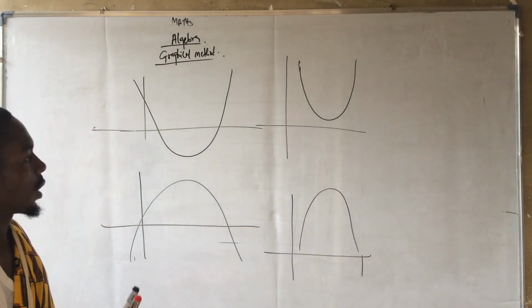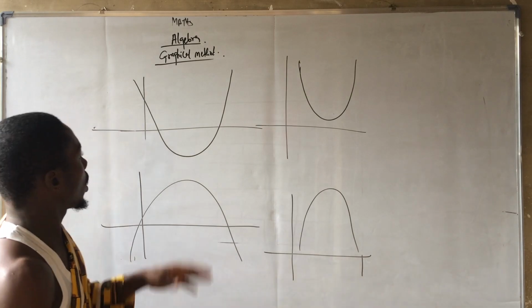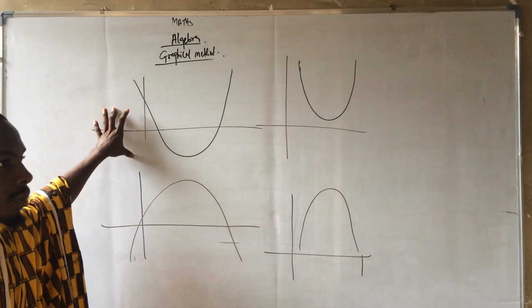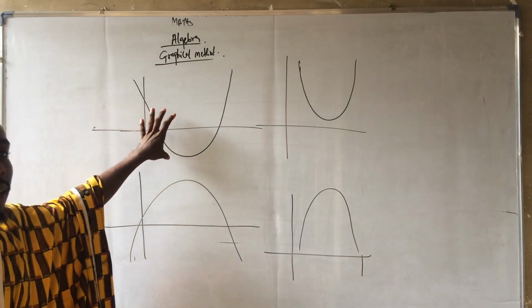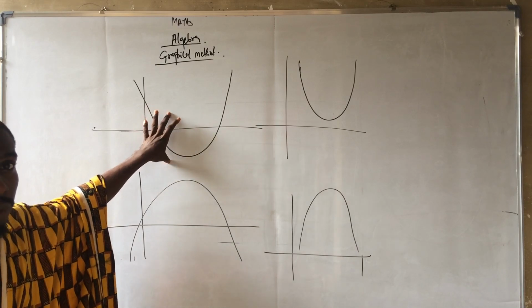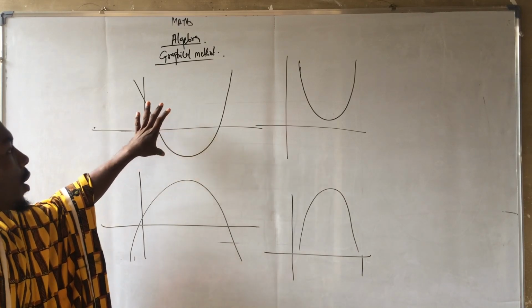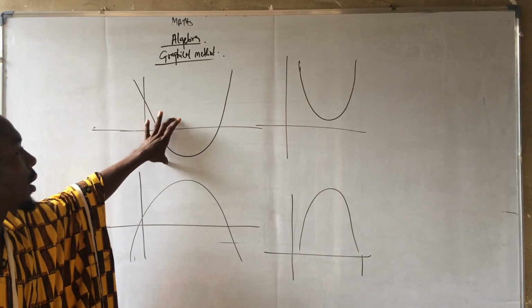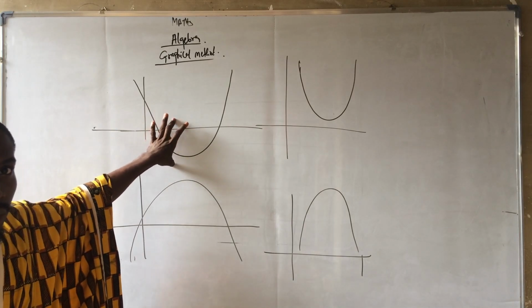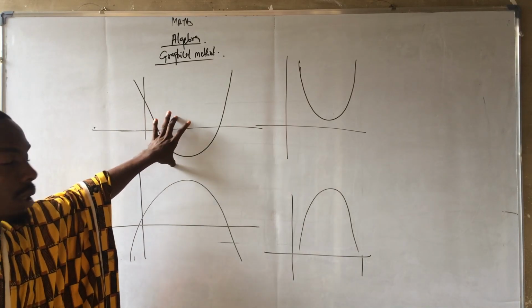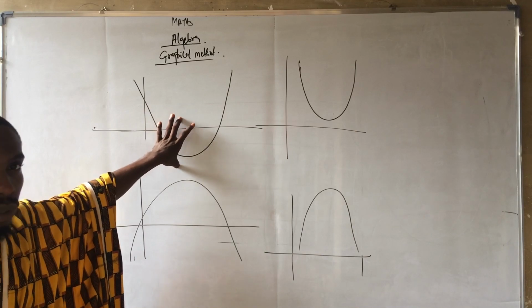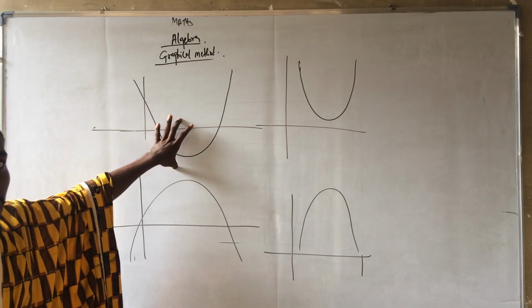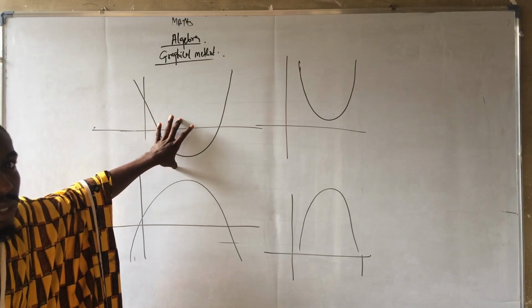Now, this graph has real and distinct roots, and the discriminant is greater than 0, and the roots are greater than 0.